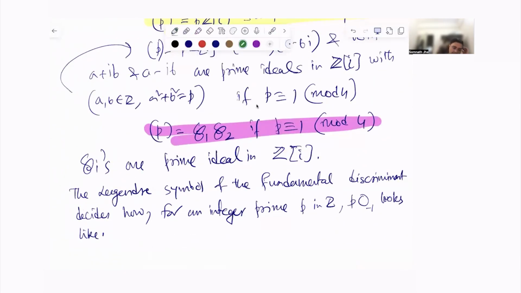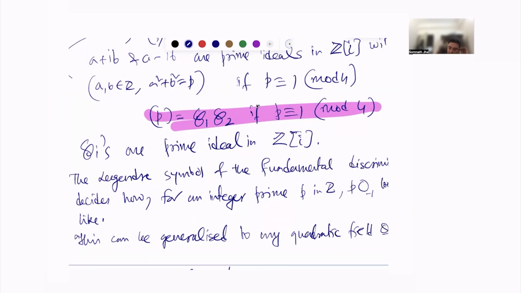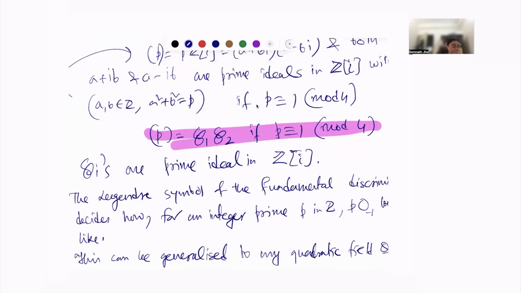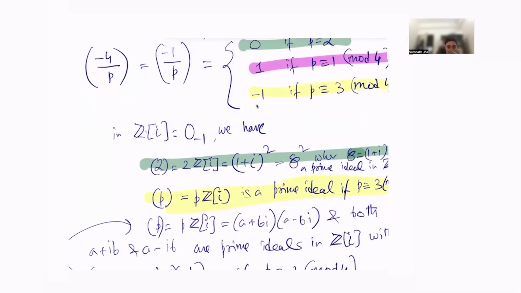So this can be generalized to any quadratic field. Okay. We will not go into the precise detail, but we studied finite fields for some time, and with respect to that we studied quadratic reciprocity, and this is one of the applications of quadratic reciprocity.